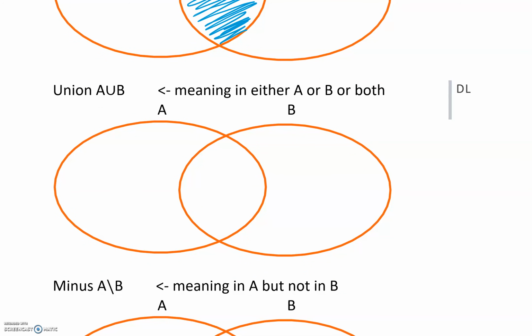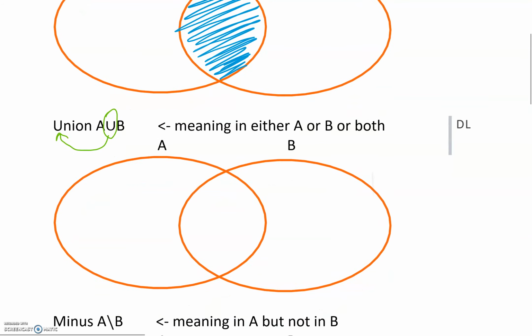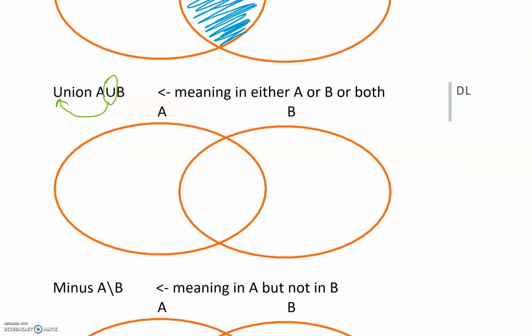If we're talking about the union of A and B, it means something slightly different. The union uses a little U symbol. It's not really a U when you type it in. It is a special symbol, but it looks very much like a capital U. And so this symbol is a union, which means that it is in A or B or both.